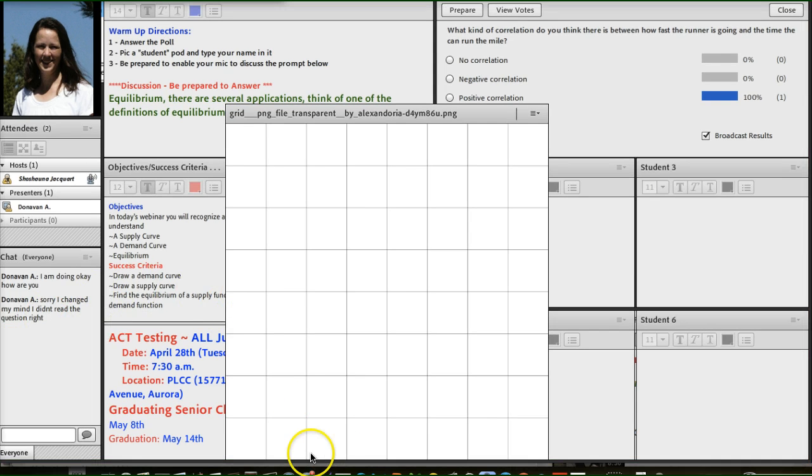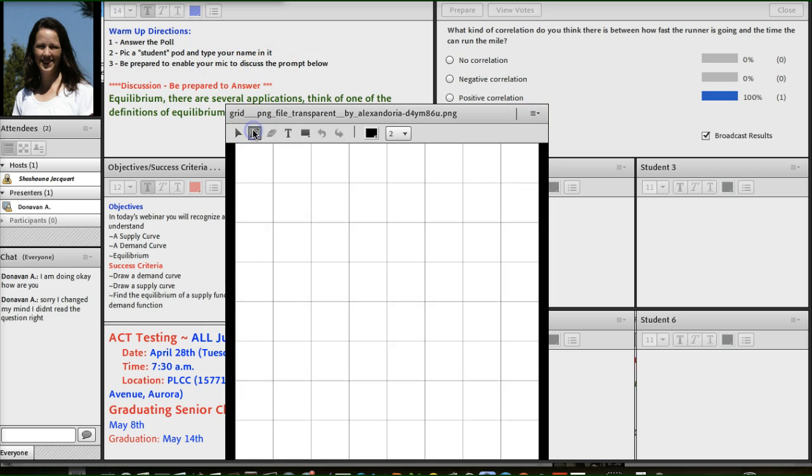So if we made this like speed, and then how long it takes, so we'll do the time down here.